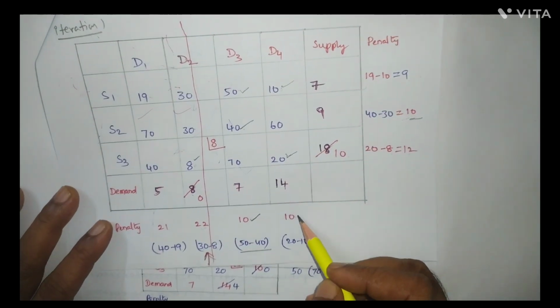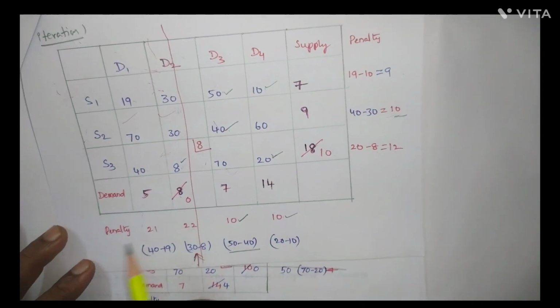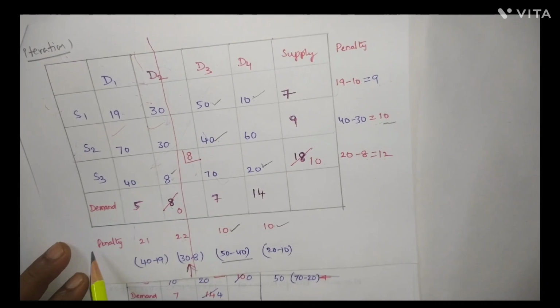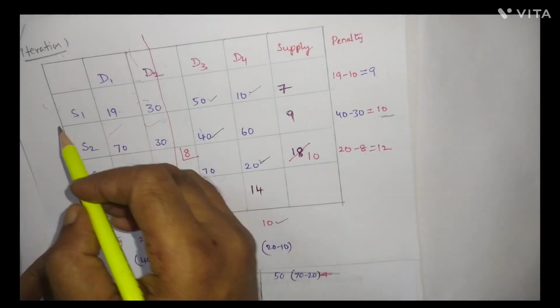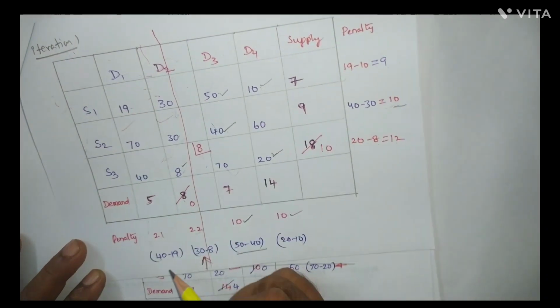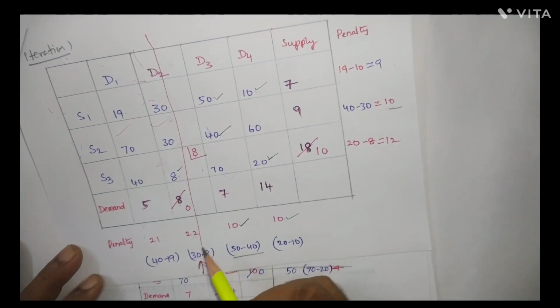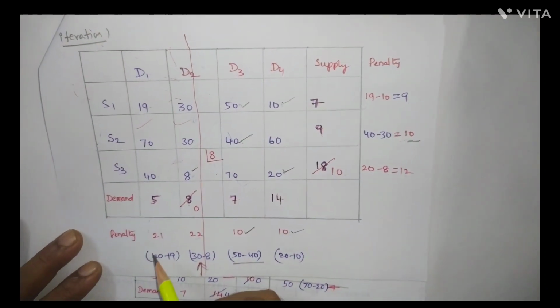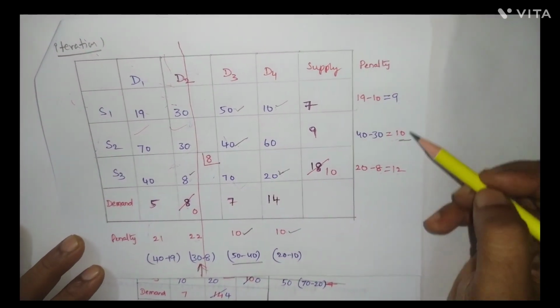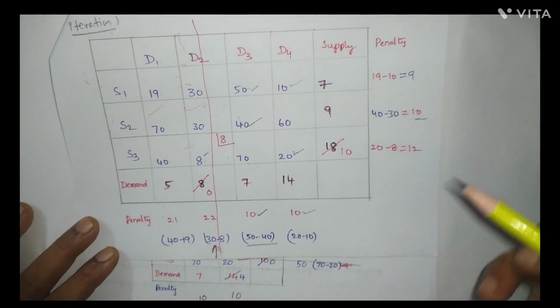After identifying all the penalties row wise and column wise, identify the maximum value among them. Here: 9, 10, 12, 10, 10, 22, 21.